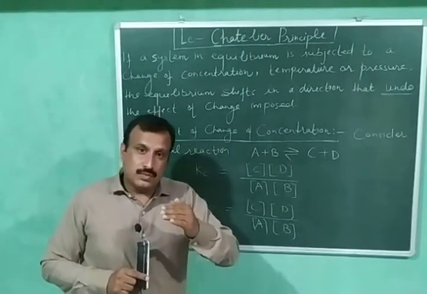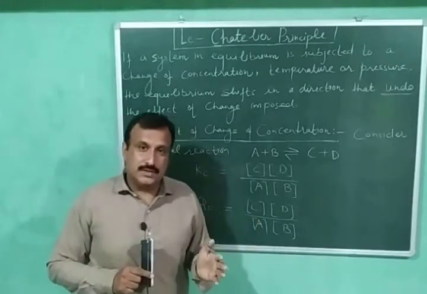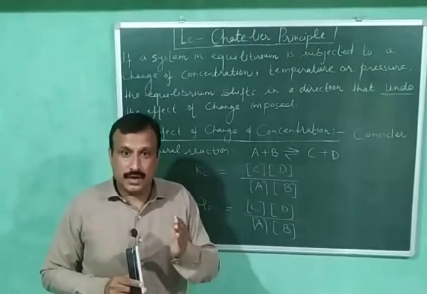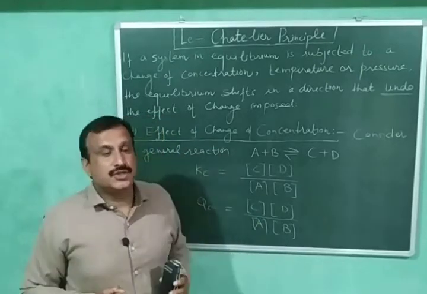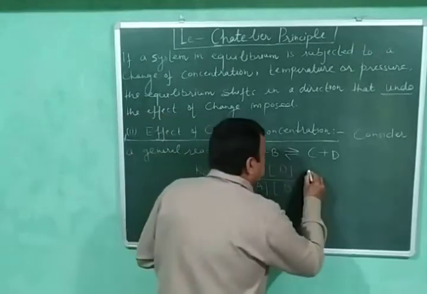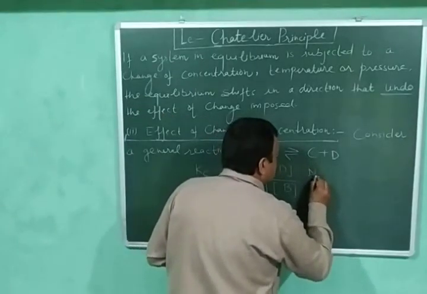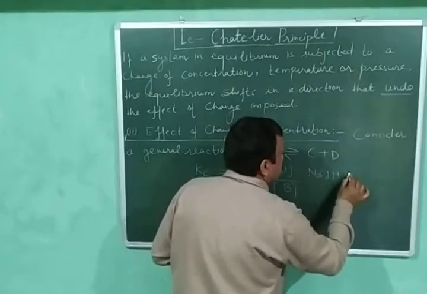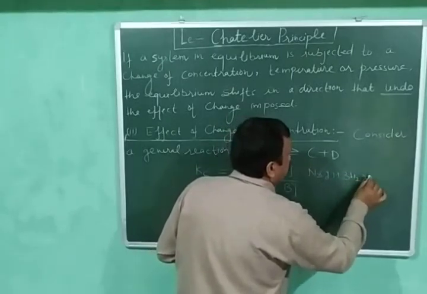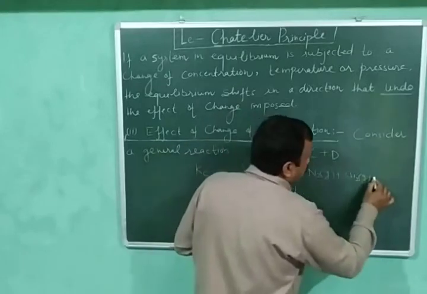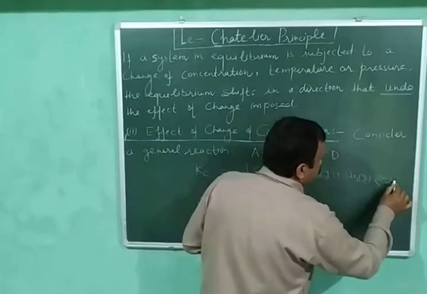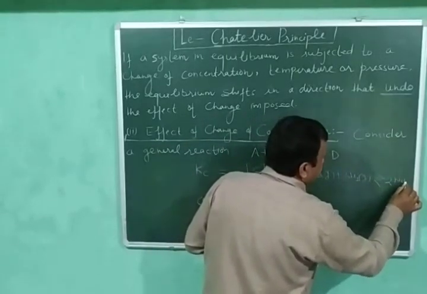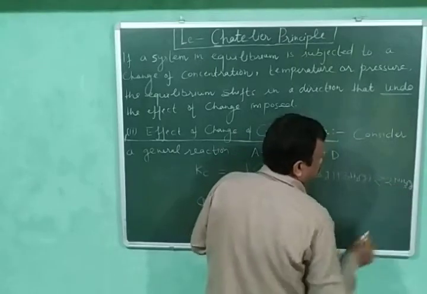When ammonia is manufactured in industry with the help of Haber's process, the reaction involved is this: 1 mole of gaseous nitrogen is reacting with 3 moles of gaseous hydrogen, giving us 2 moles of ammonia, also in the gaseous state.